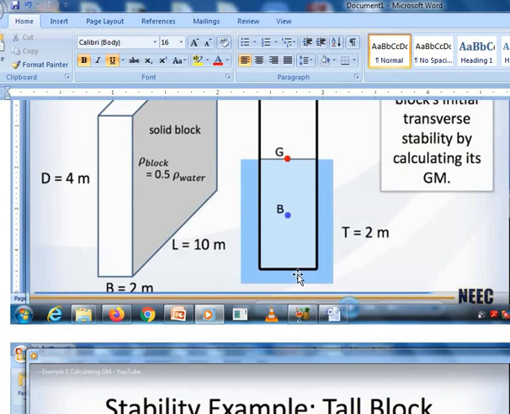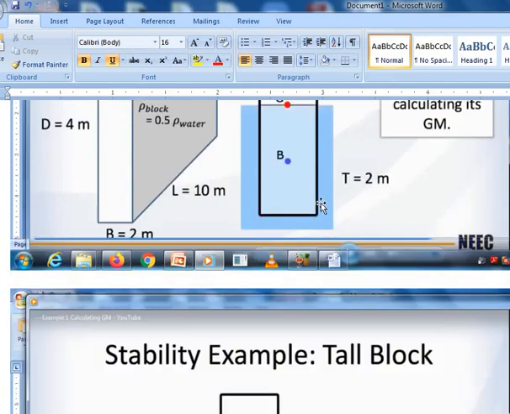The whole thing is 4, so half of it gives us 2. When we sank this in the water, the water level made its level at 2. That is the draft of it.